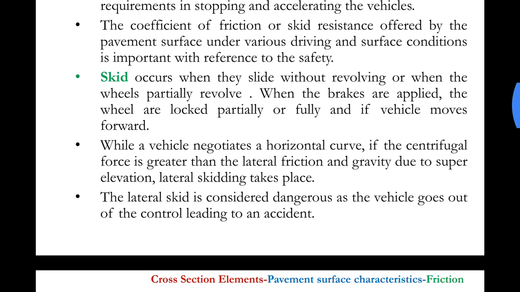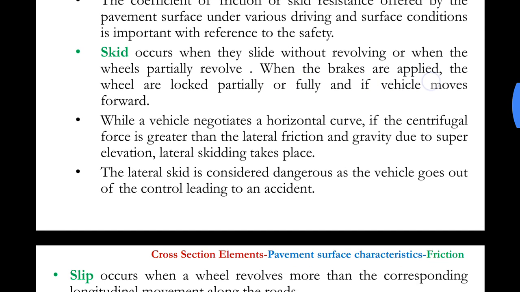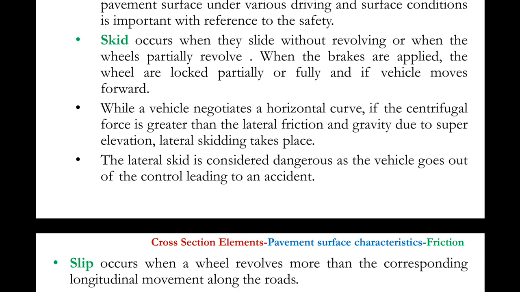Here in this first case, when the vehicle was moving longitudinally or in a straight direction and the brakes were applied and still the vehicle moved forward, then this type of skid was longitudinal skid.